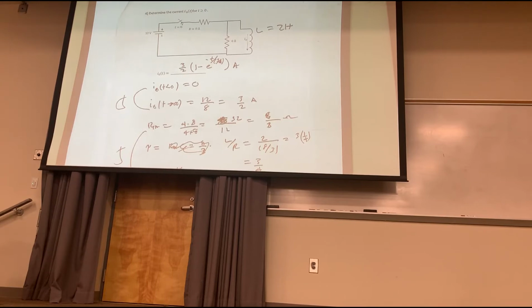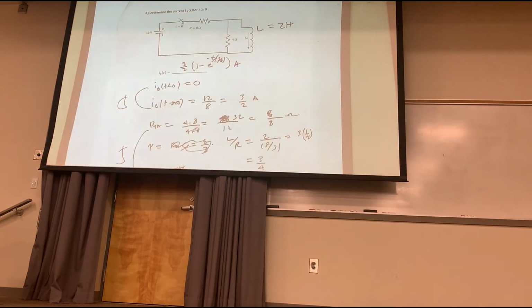So you put 0 equal to K1 plus K2, or K1 is minus K2, and you know K2 is 3/2. The final form is 3/2 times 1 minus e to the minus t over 3/4, because the time constant is R Thevenin times C.